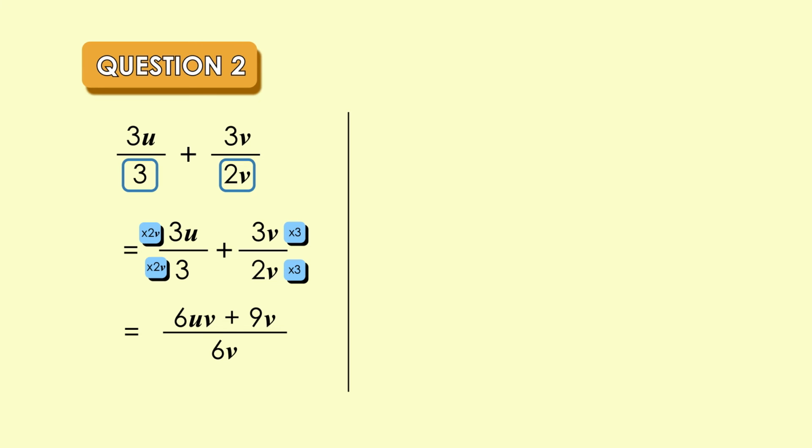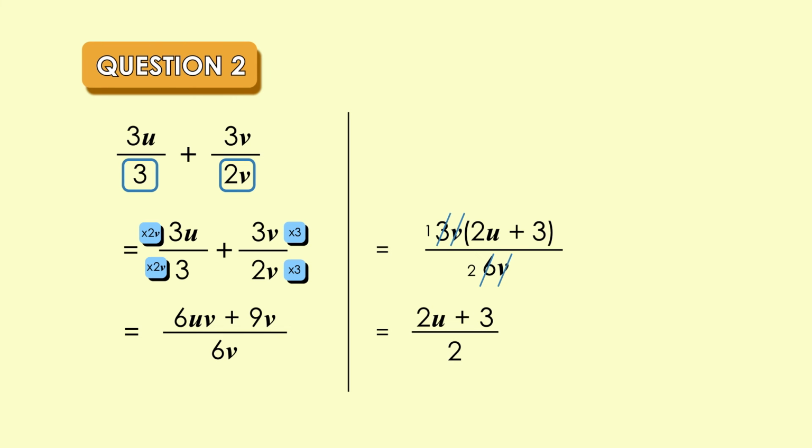Look at the algebraic expression in the numerator. The common factor is 3v. Therefore, we factorize 3v in bracket 2u plus 3 over 6v. Simplify the fraction. What is your final answer? Well done! The final answer is 2u plus 3 over 2.